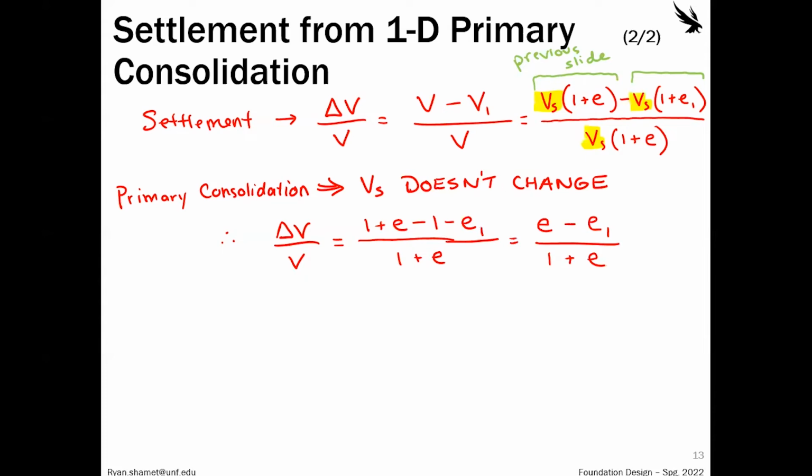Again, when I said void ratio is important, it's because we use it for everything when it comes down to this. Now, this e minus e1, that's the original void ratio minus the new void ratio after it's been compressed. So that again is the delta. What we show this as is delta e, the change in void ratio, divided by 1 plus the original void ratio.